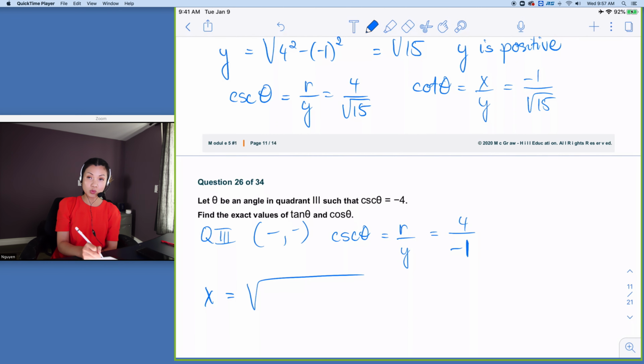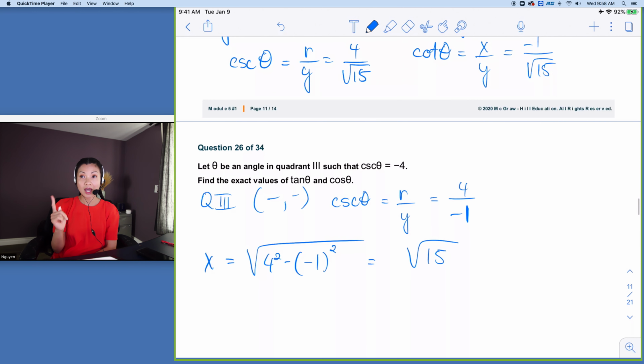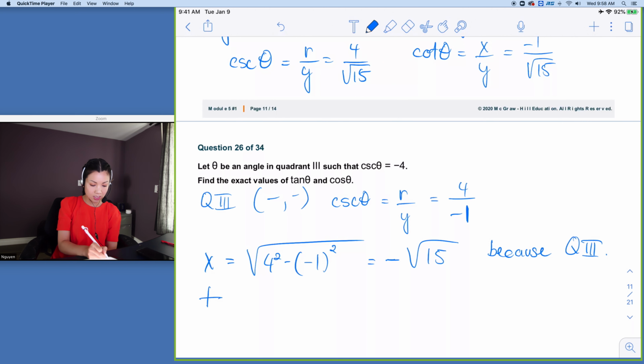X is going to be square root of r squared minus y squared, which is square root of 15. However, it's going to be negative square root of 15 because we're in Q3. Okay, so what are they asking you? Tangent. Tangent is y over x.